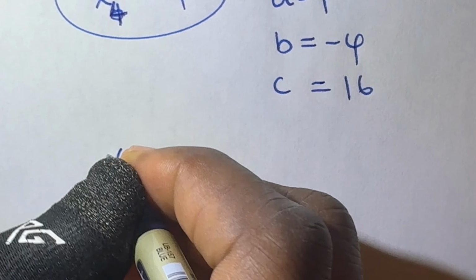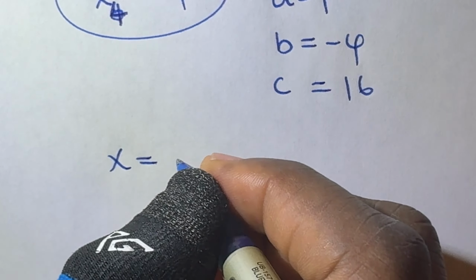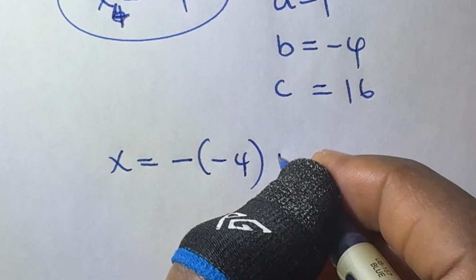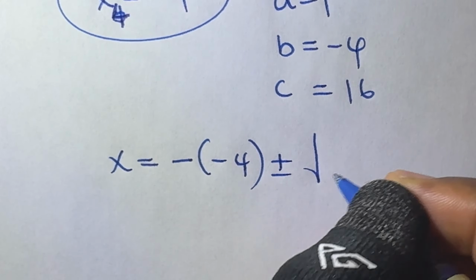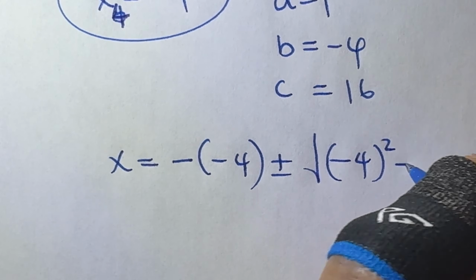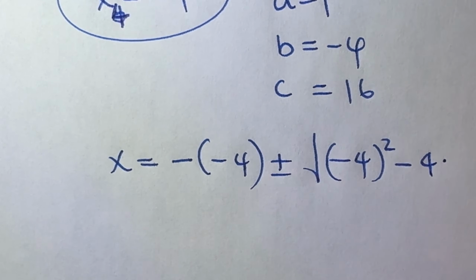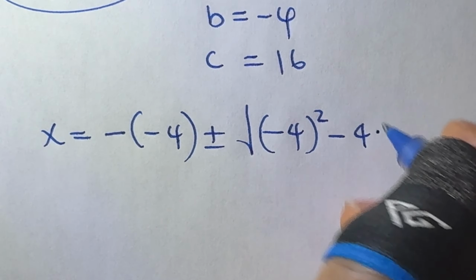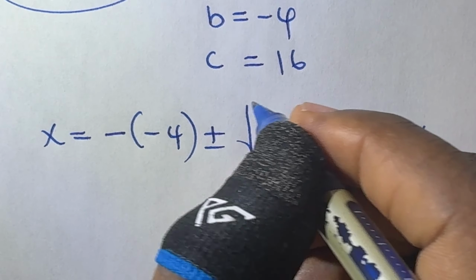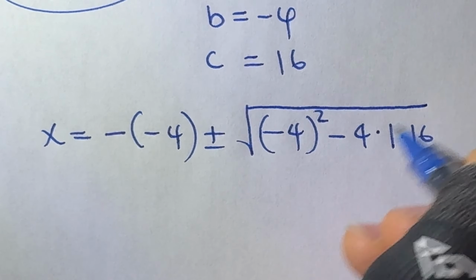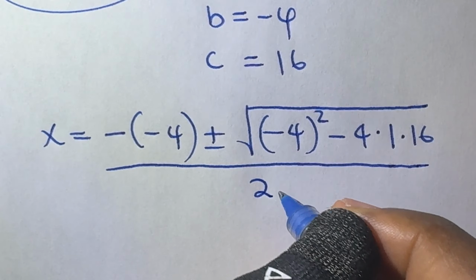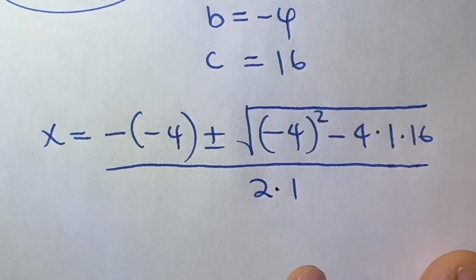Therefore, x is going to be -4 plus or minus the square root of -4 squared minus 4 times 1 times 16. Then divided by 2a, which is 2 times 1.